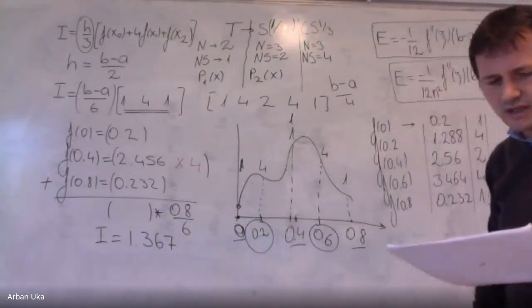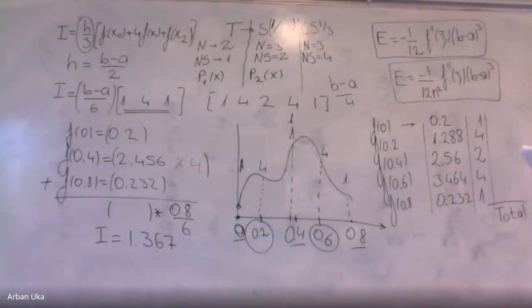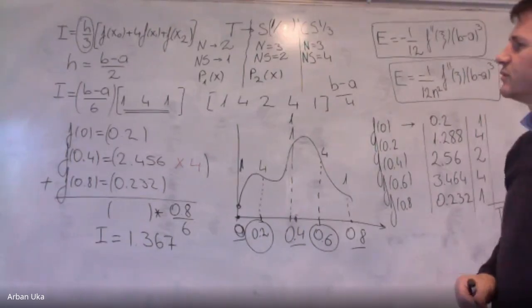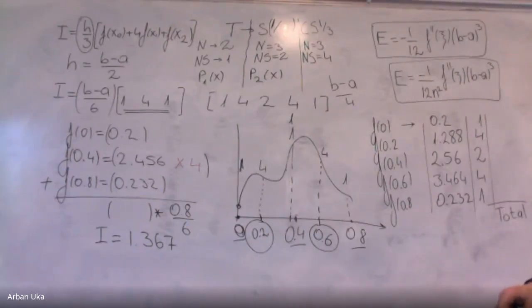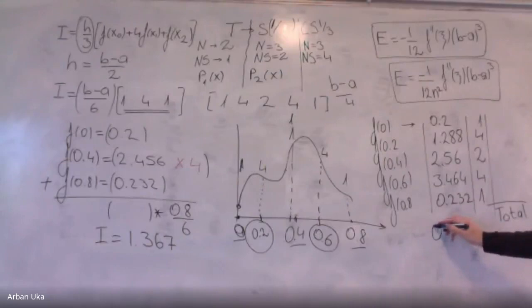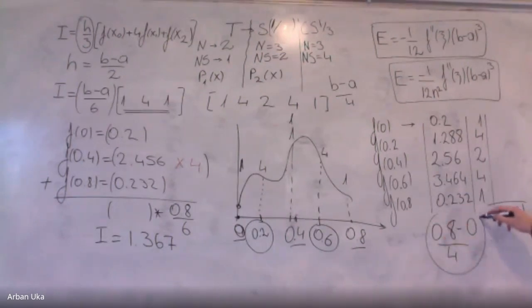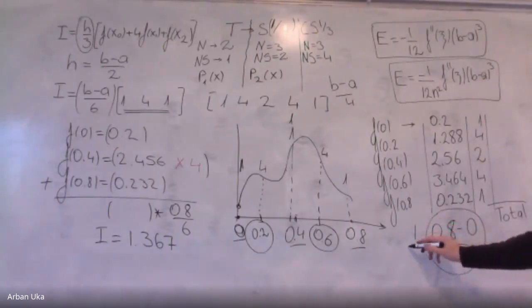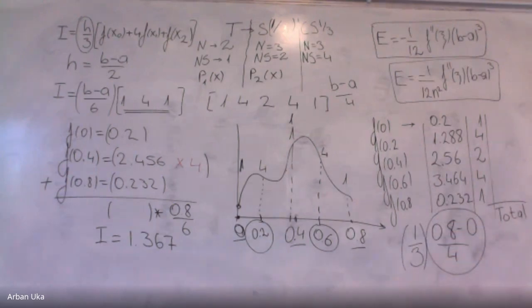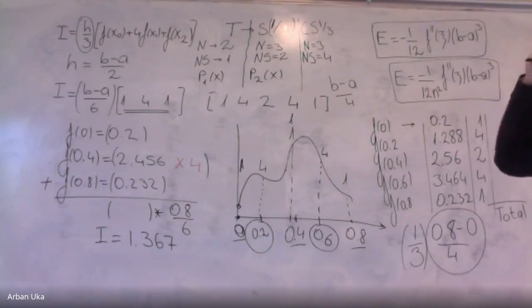Now the h is going to be half of that, which, as you said, is b minus a over 4. So we multiply everything with 0.8 minus 0 divided by 4. This is the new h. But then we also have to multiply this with the 1/3 coefficient, because this is called the Simpson's 1/3 rule.